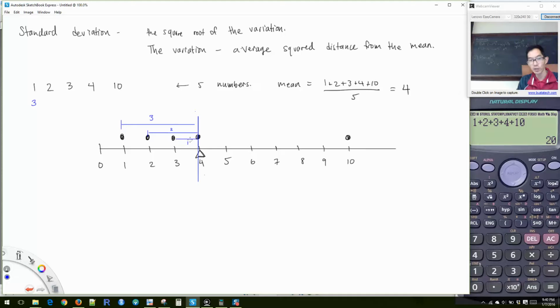It's 1 unit away. How far is 4? It's at the mean, so it's 0 units away. And how far is 10 from the mean? 6 units away. So these are the distances from the mean, and we just get these by subtracting the mean from each value.